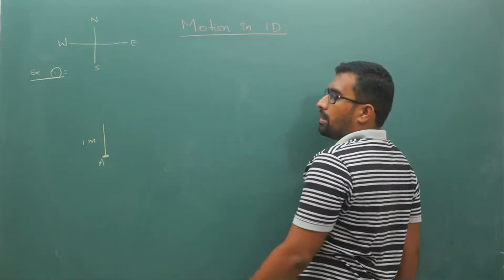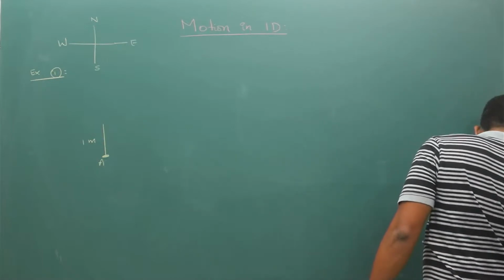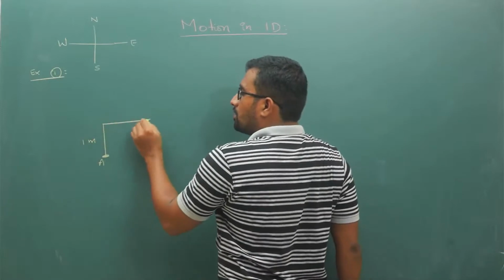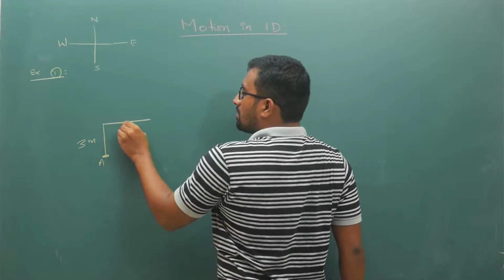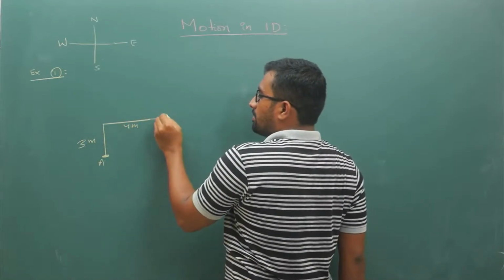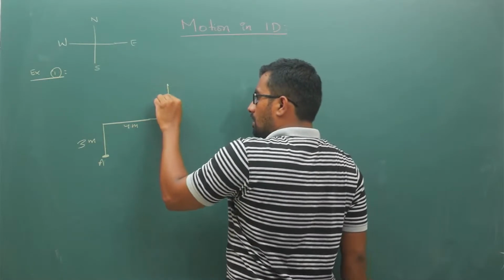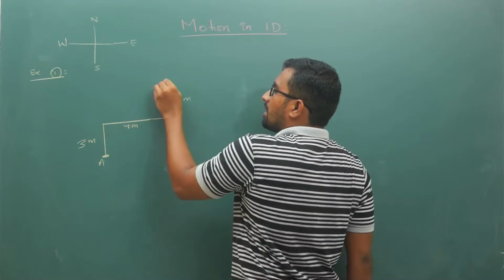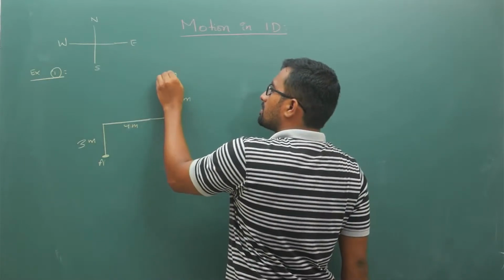The body has traveled 3 meters towards north, then 4 meters towards east, then another distance of, let us say, 12 meters, reaching some point B like this.